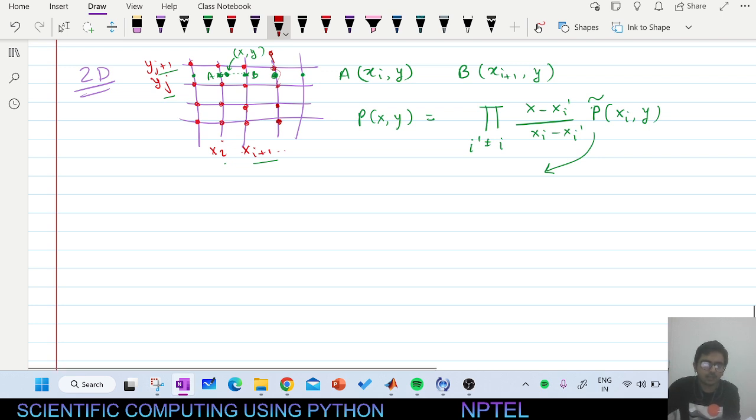Okay, so now you can interpolate vertically. So p tilde of xi comma y will be given by, oh, there was a sum, right?